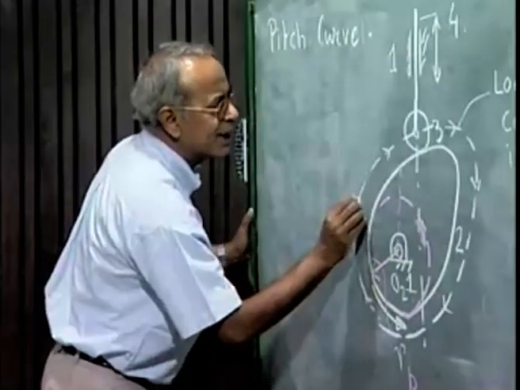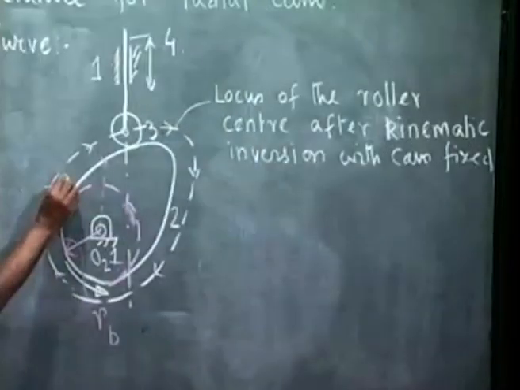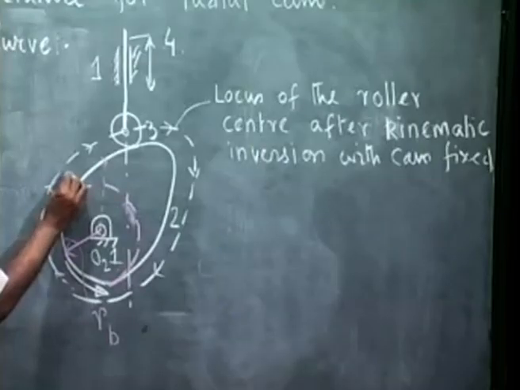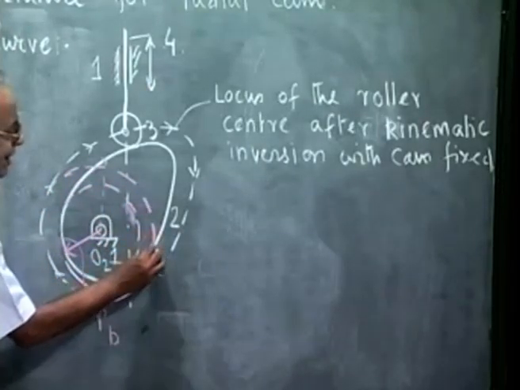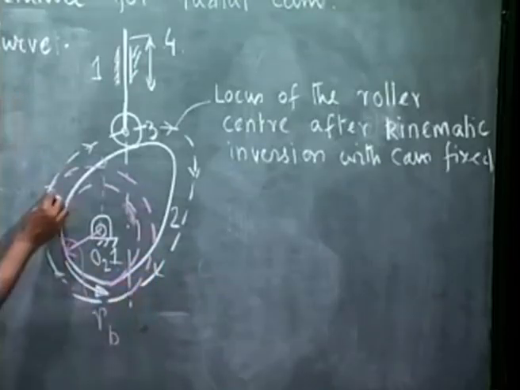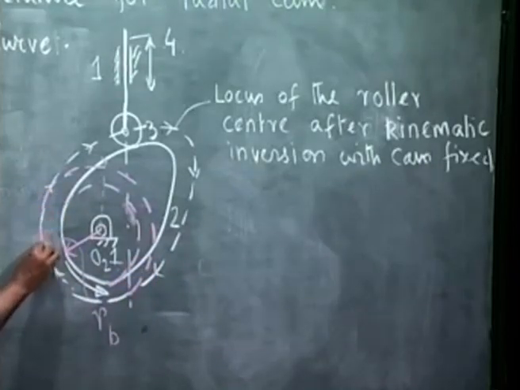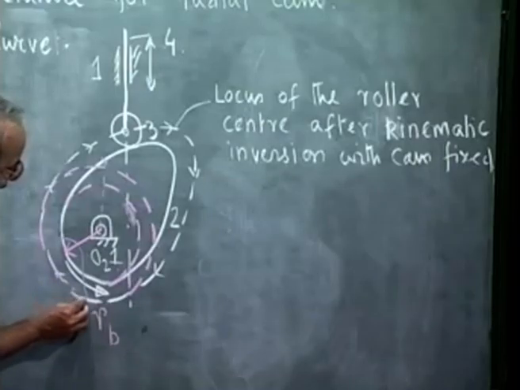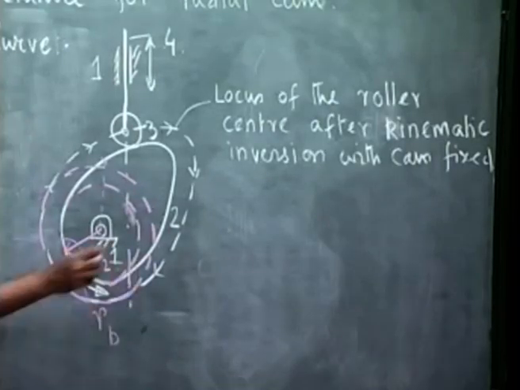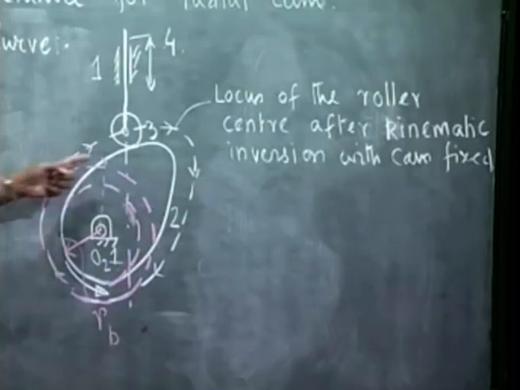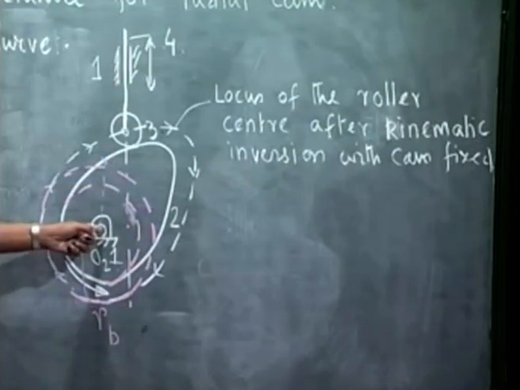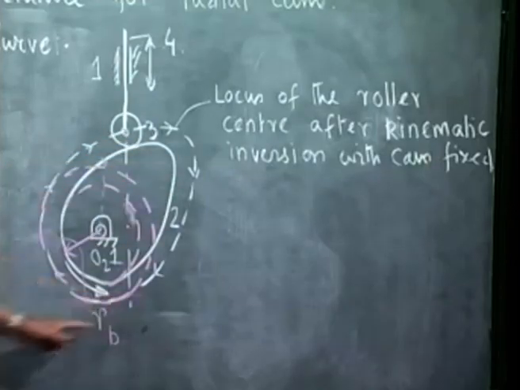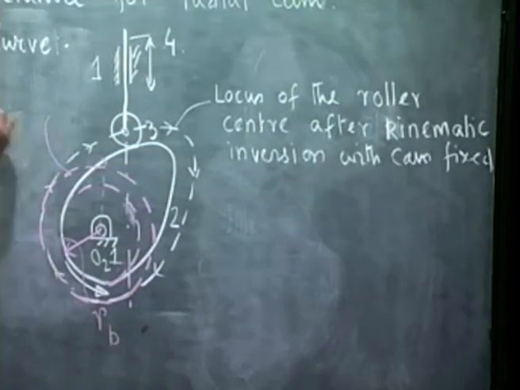Now think of a circle, the smallest circle that can be drawn with cam center as the center and tangential to the pitch curve. This circle has center at the camshaft axis and tangential to the pitch curve. This circle is called prime circle.